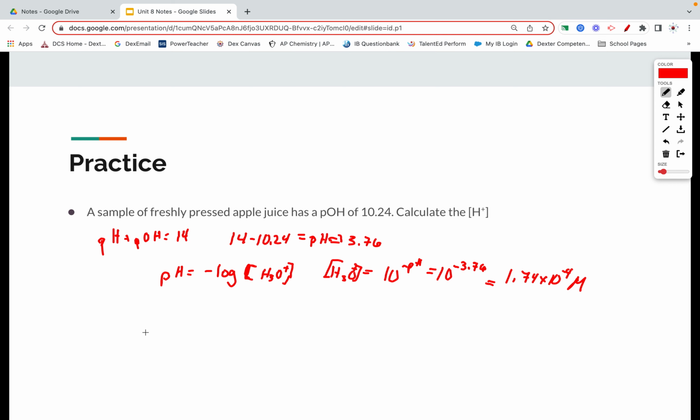Our second way is we can say pOH is equal to the negative log of OH concentration. So we know 10 to the negative 10.24 is equal to 5.75 times 10 to the negative 11th.